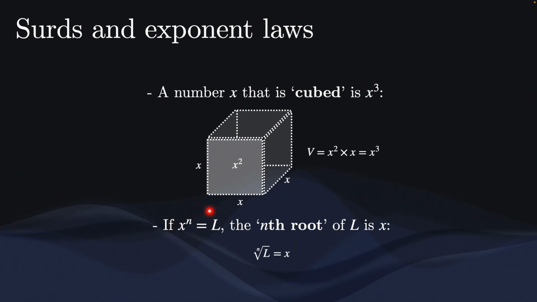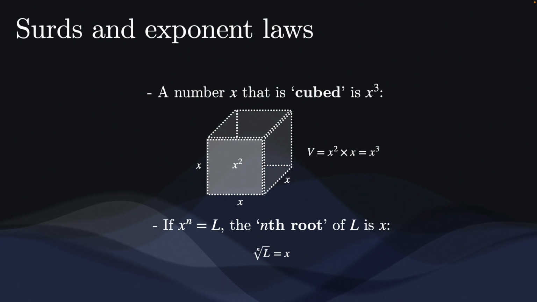So if we had x to the n is equal to L, and it isn't squared, well, the nth root of that number, which is given by this surd with a little n on it here, is given by x. So that's really it. I don't think there's much more to say about that.